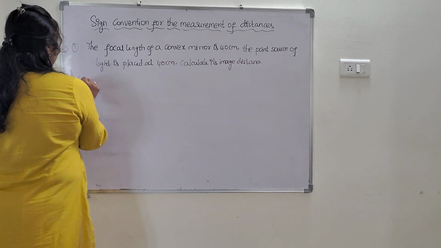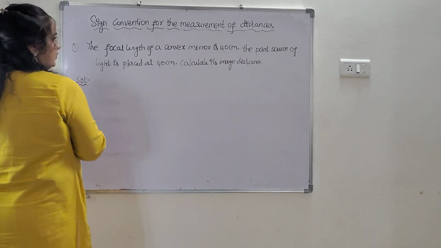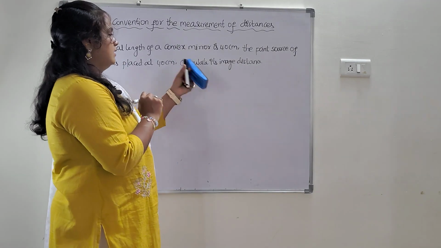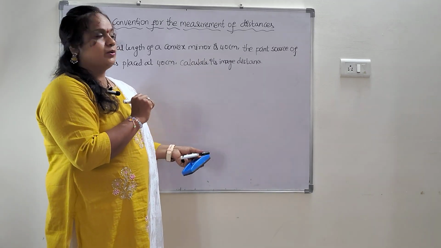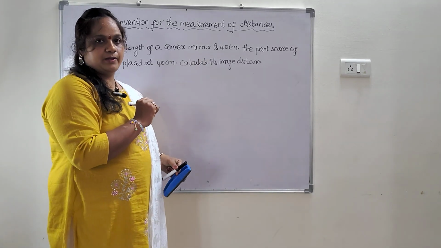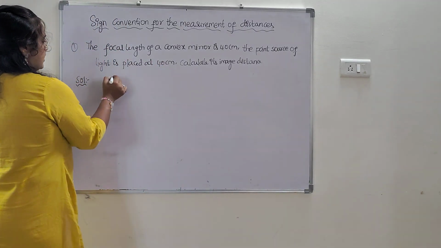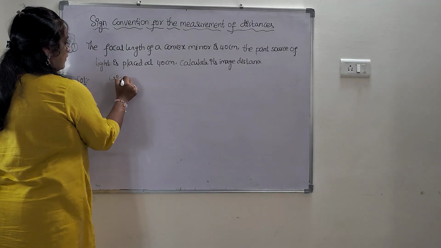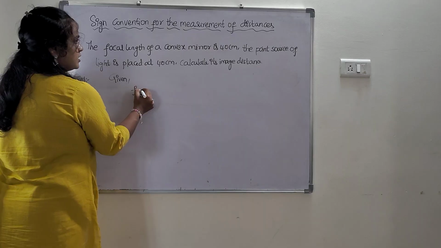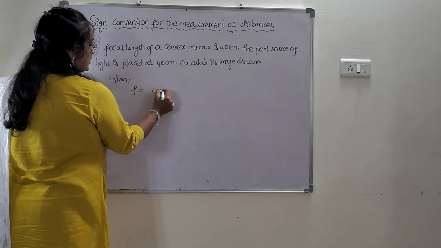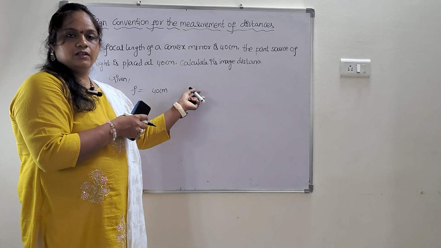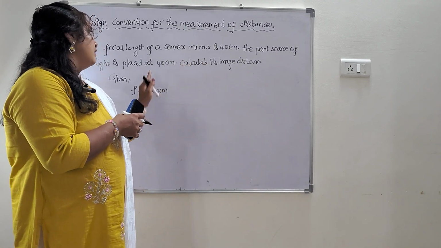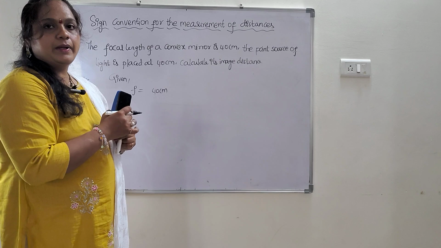Whenever you are solving the numerical, you need to write the given data, and you just draw the table. Now what is the given data? Focal length f is equal to 40 centimeter. Either it is plus or minus? How can we know? From the sign convention, for convex mirror, the focal length will be positive.